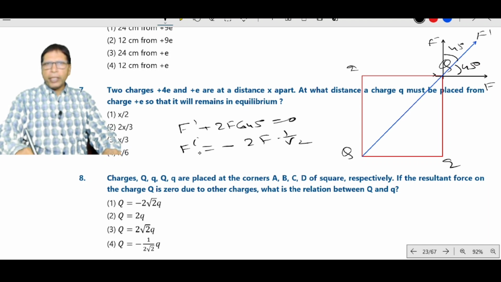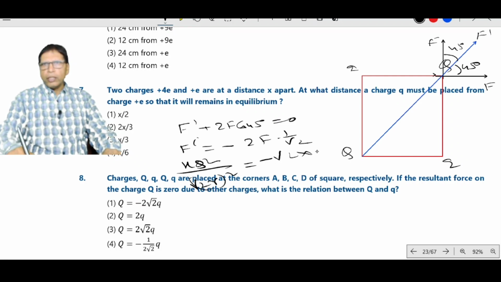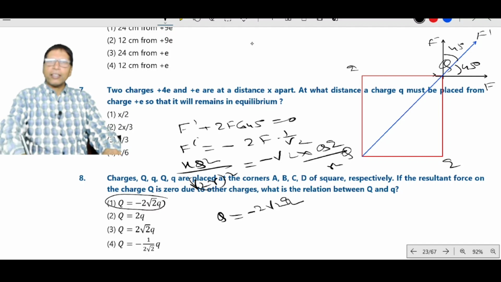Now, what is F dash? F dash is KQ square divided by (root 2 R) whole square, suppose side R. This equals minus root 2 into capital Q, small q by R square. So capital Q equal to minus 2 root 2 q. Option 1 is correct.